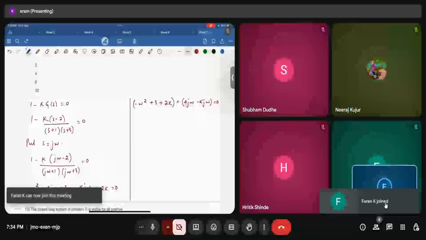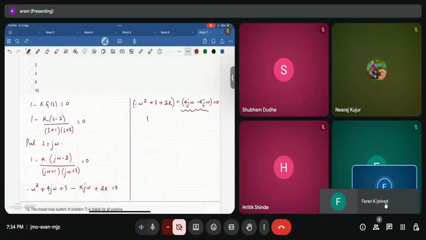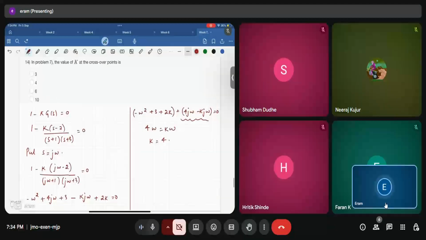If we put the imaginary part as 0, it gives 4 omega equals k omega, so k equals 4.